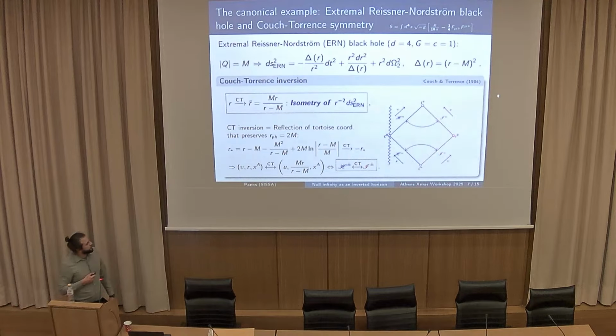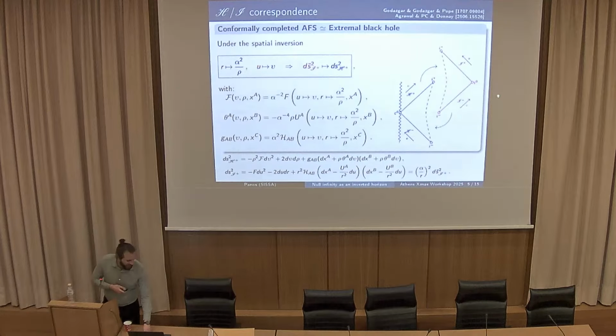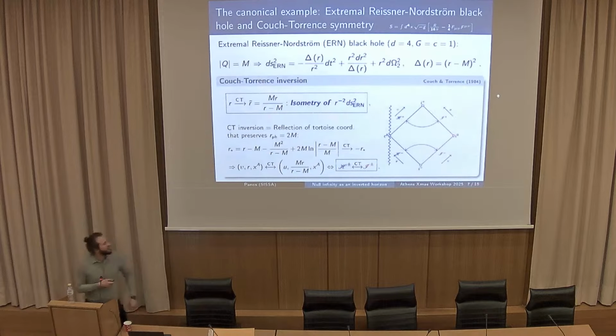This is known as a Couch-Torrence inversion. It does precisely what this correspondence does. It exchanges the horizon with null infinity, but now the horizon and null infinity that are exchanged are actually part of the same space-time. So you see that this Penrose diagram is connected, not disconnected like the previous statement of the correspondence.